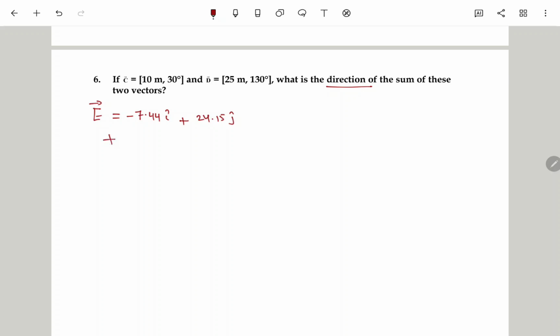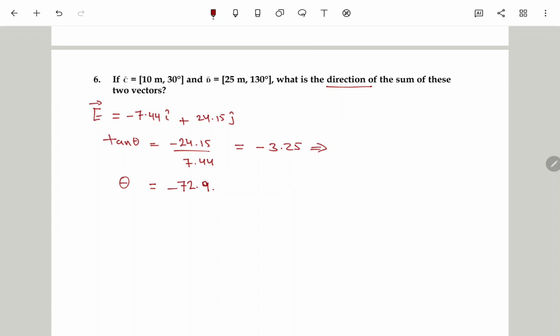So tan theta equals minus 24.15 divided by 7.44, or equal to minus 3.25. In other words, theta equals minus 72.9.